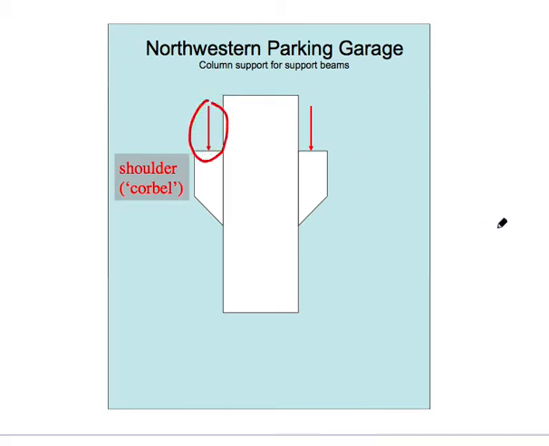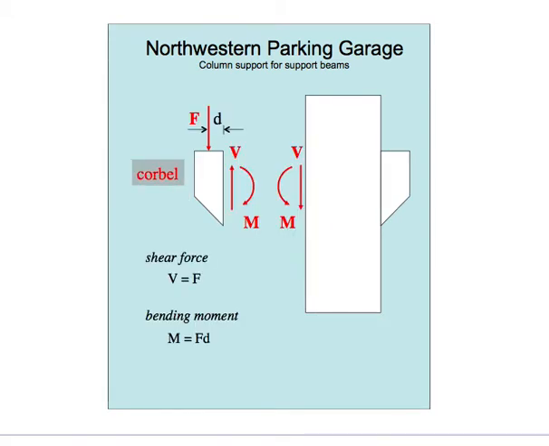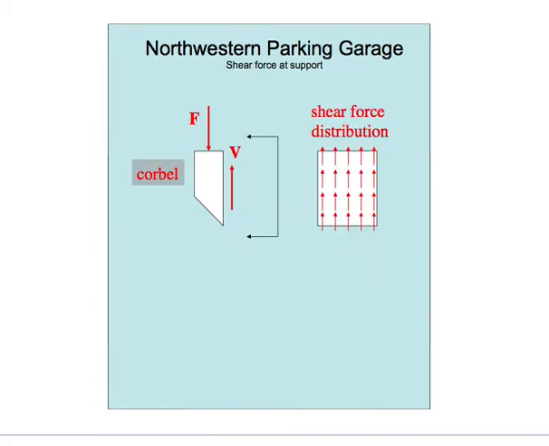If we look at a free body diagram of the shoulder, we have the reaction force F. There's a bending moment M. There's a shear force V. Shear force V is equal to the reaction force F. The bending moment M depends on that distance D from where the resultant force F is applied in the column itself. We're interested in the shear stress itself.